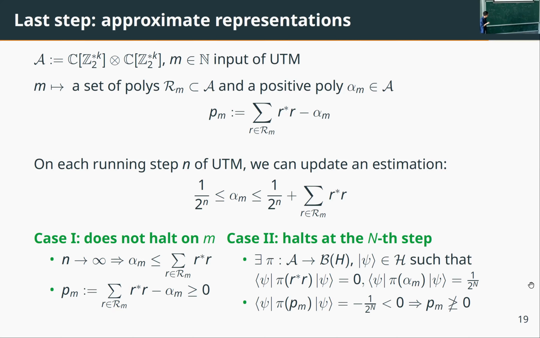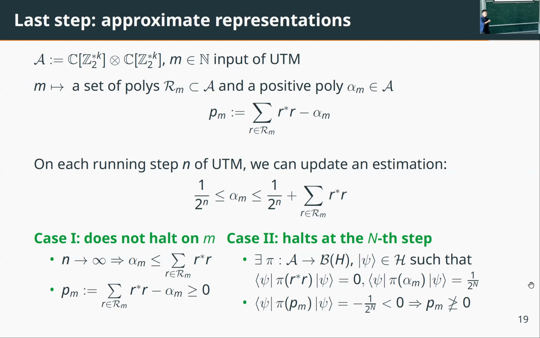In this case, the expectation of pi of alpha_M on psi is 1 over 2 to the n. Now, based on our construction of P_M, the expectation of P_M on psi is the sum of this thing minus this thing, which is minus 1 over 2 to the n, which is negative. So you found a representation pi which has negative eigenvalues. In this case, your polynomial is non-positive because it has negative eigenvalues.